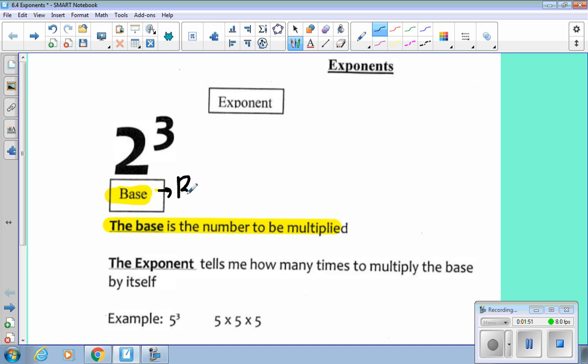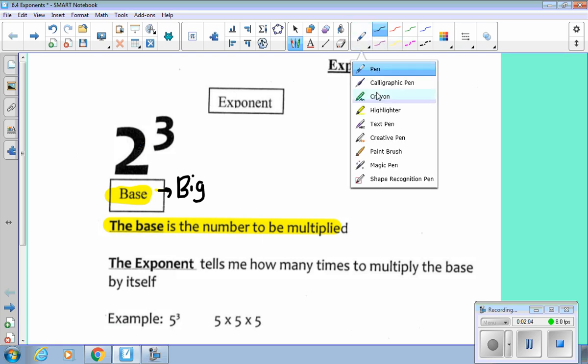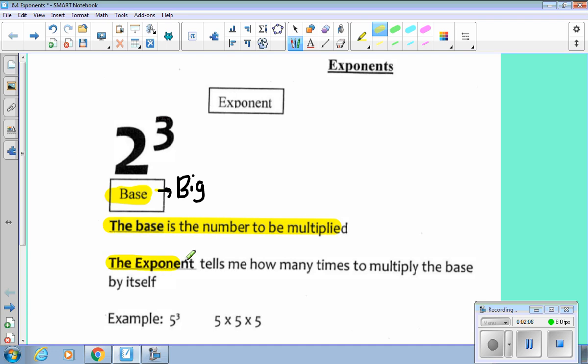So that when you look at a set of exponents, remember, base is the big number, so the 2 is bigger than the 3, therefore it is the base, and the exponent is going to be the number that tells you how many times you multiply that base by itself.